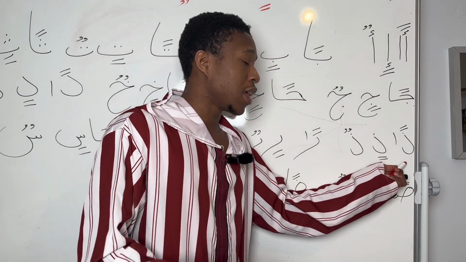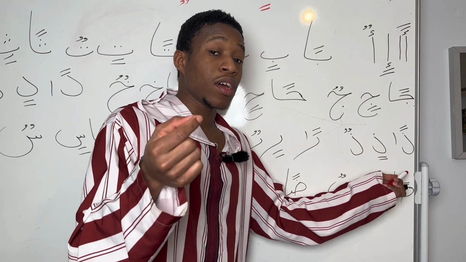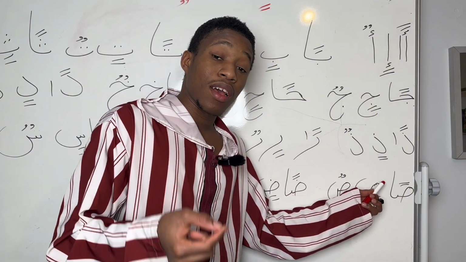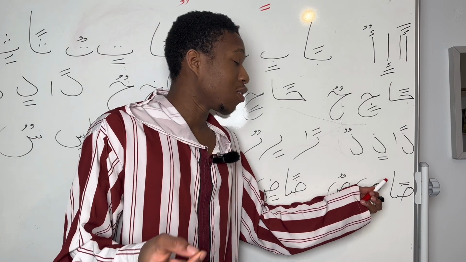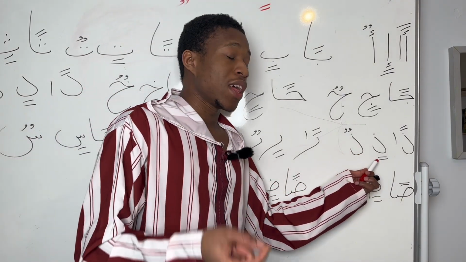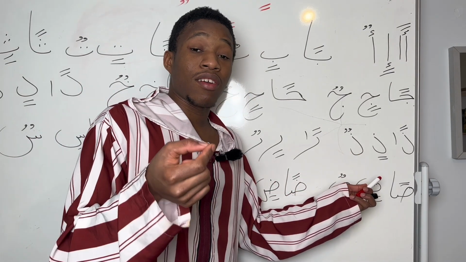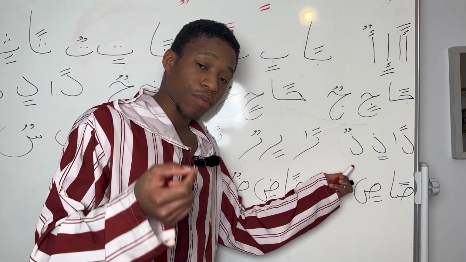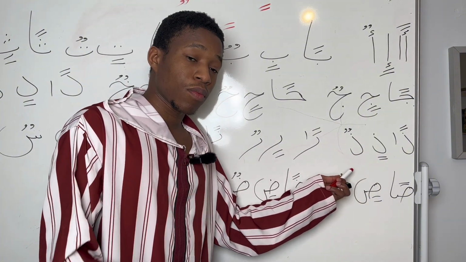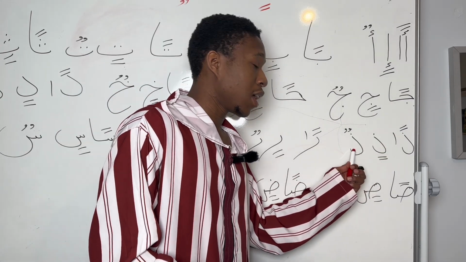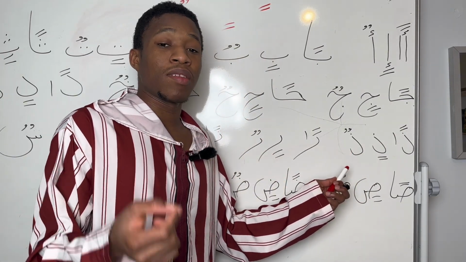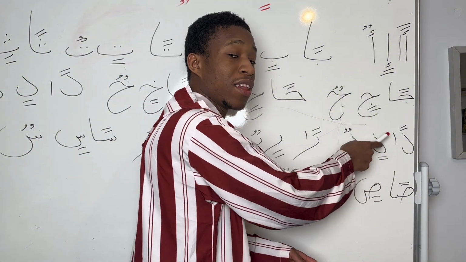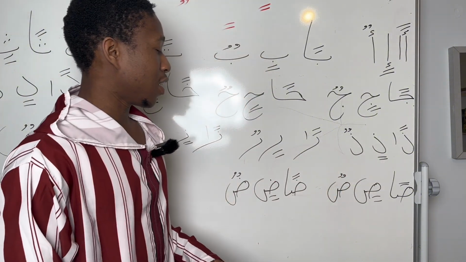Now let me say it. Dhal fathatan, dhan. Good. The second one. Good. Now I will say it. Dhal kasratan, dhin. Good. The third one. Now it's my turn again. Dhal dhammatan, dhun. Now together, let's join them. Dhan, dhin, dhun. MashaAllah. I'm proud of you.